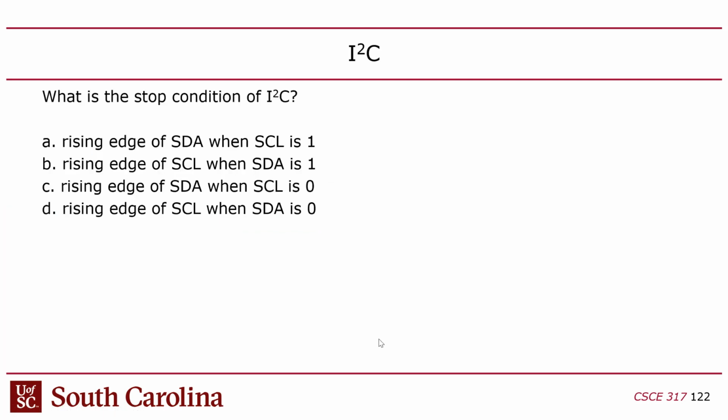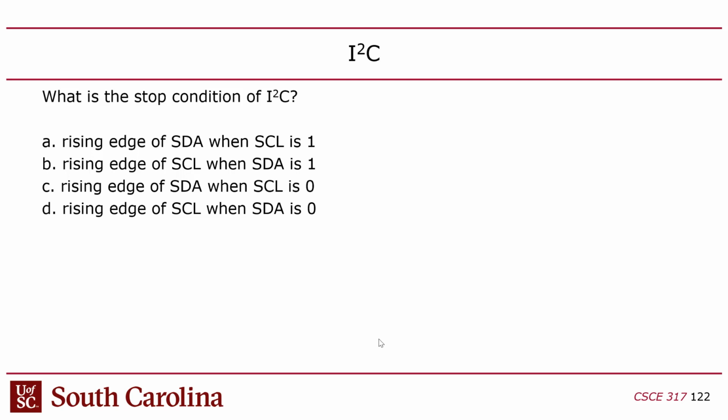Okay, so here's a couple questions about I2C. What's the stop condition of I2C? Stop condition. Okay, so how do we figure this out? Well, first of all, the stop condition is when we're changing the data when the clock is 1, right? So in fact, both start and stop are changing the data when the clock is 1.